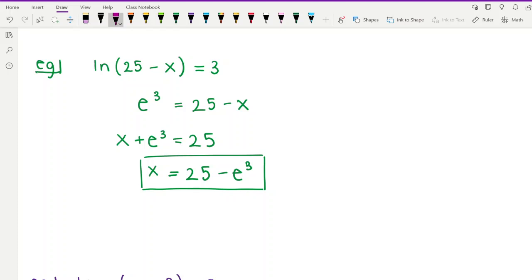It is. e is a number. e cubed is a number. So 25 minus e cubed is a number. And so this, like I said, would be our exact answer. And then if you wanted to find your approximate answer, you could type this into a calculator and you would find that it's approximately 4.91. So that is our approximate answer.